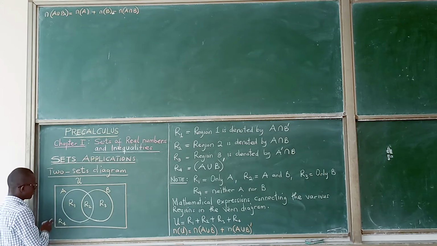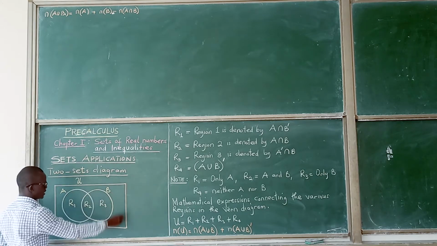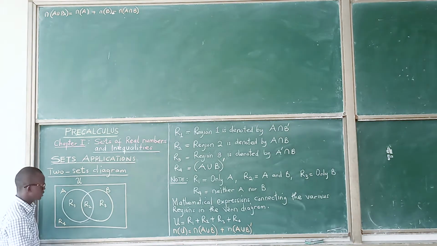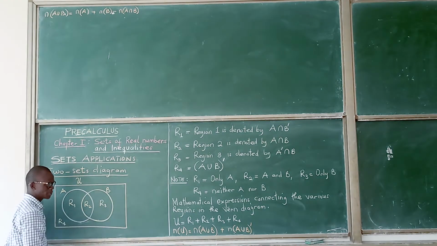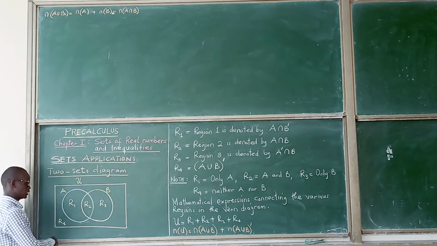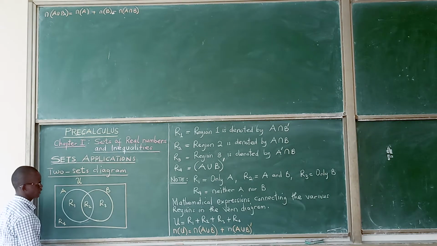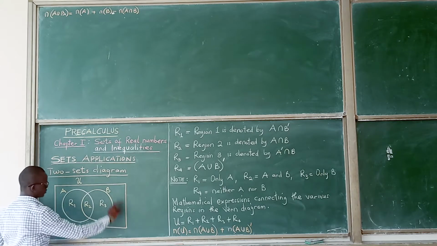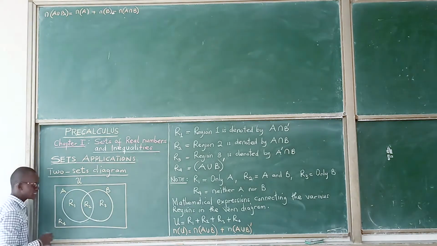Now, the Venn diagram can be a rectangular shape, or square shape, or even a circle, whatever the case might be.